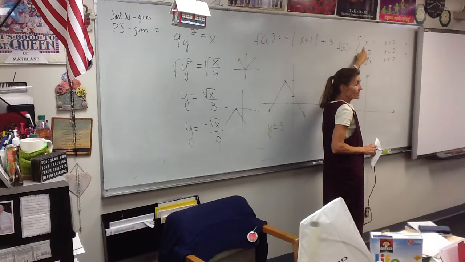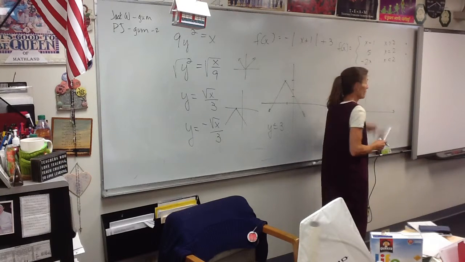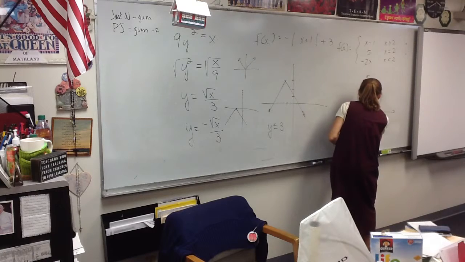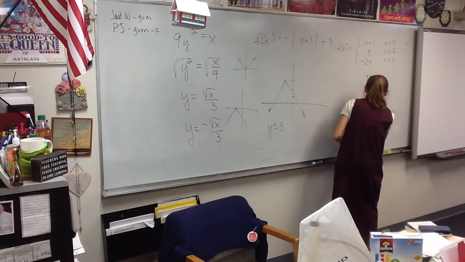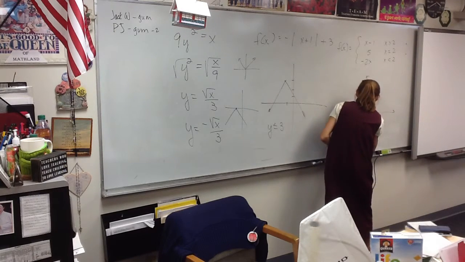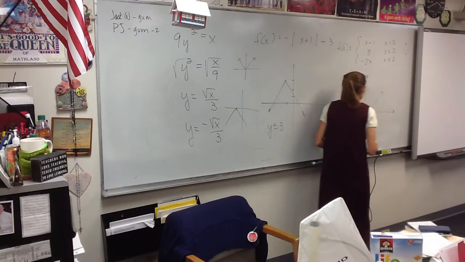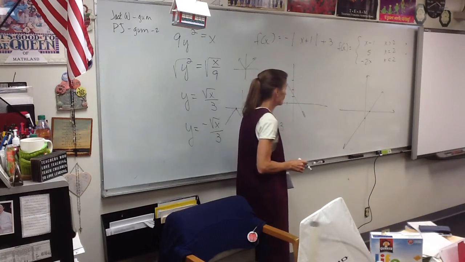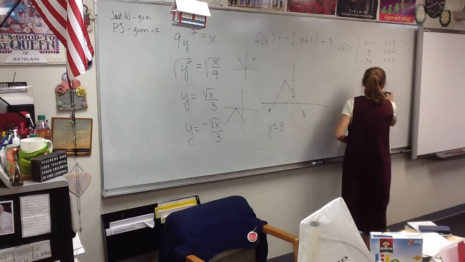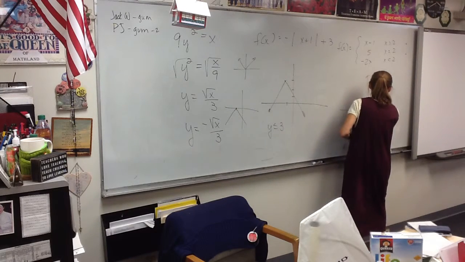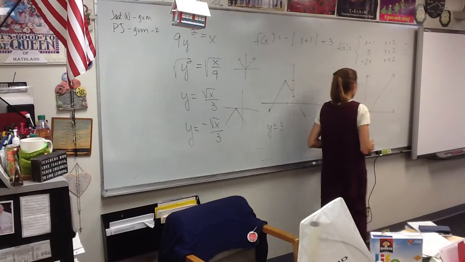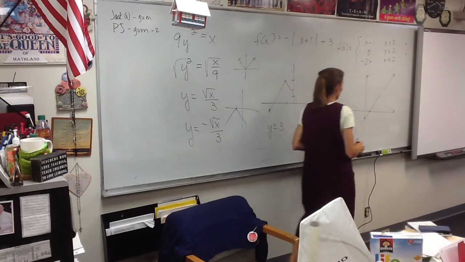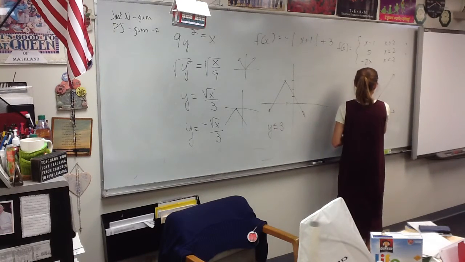Y-intercept at -1, slope of 1. So it looks like this. Beautiful line, beautiful. But I don't want the whole line, do I? What part of it do I want? Where x is greater than 2.